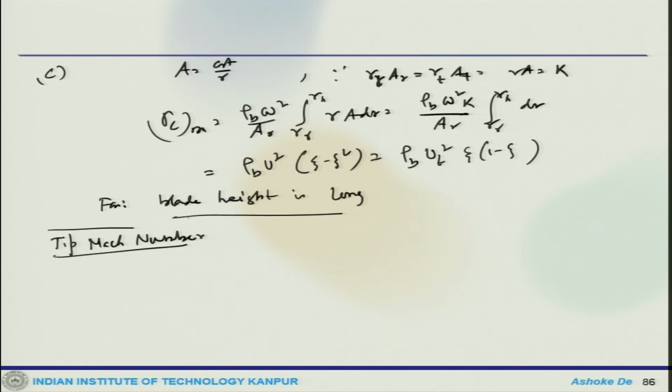The maximum Mach number in the axial flow compressor occurs at the blade tip. So, we should look at this parameter in detail, what the blade tip Mach number could be. We will just stop here and continue this discussion of the blade tip Mach number and other factors in the next section.